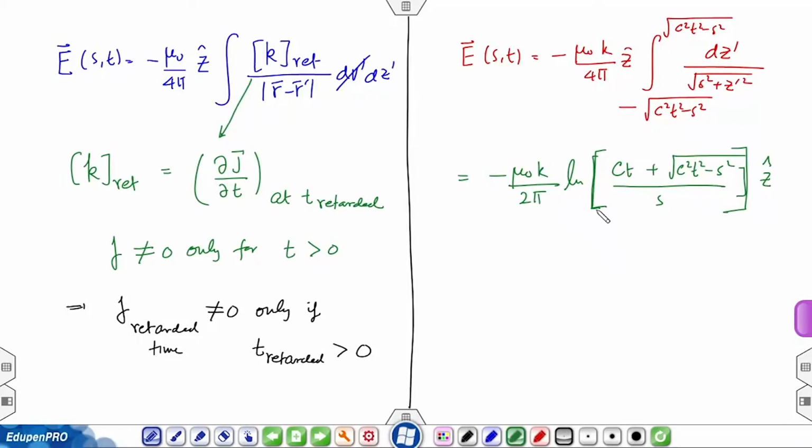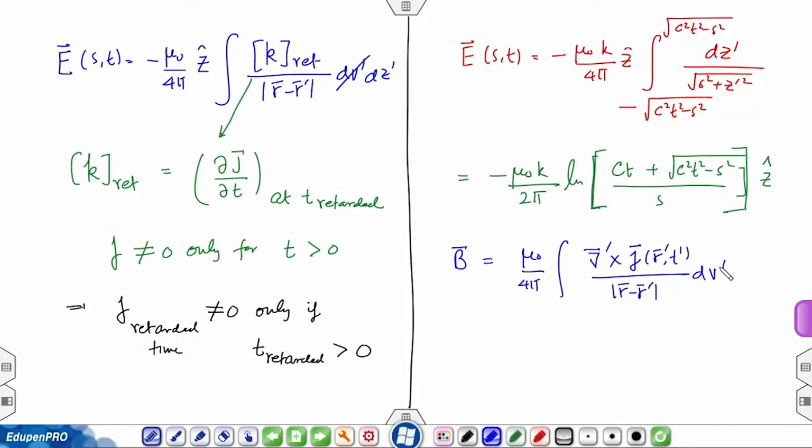If I were to calculate the magnetic field B now, this will again involve the curl of J at r prime, t prime over |r minus r prime| dv prime. And again, since J has this delta function and everything, it is a difficult calculation to do. So, again we will use curl of E equals minus dB/dt and get our answer.